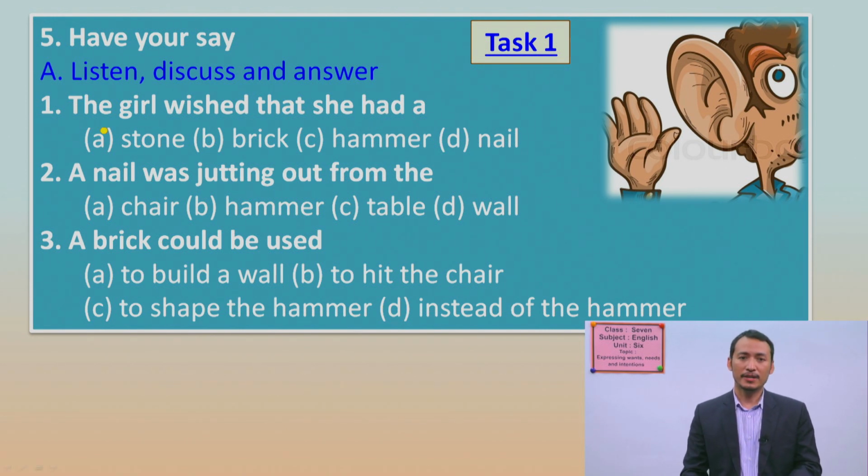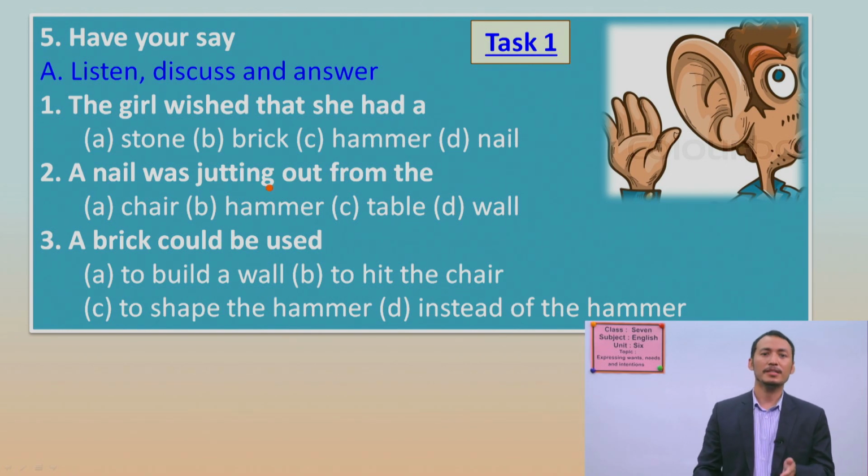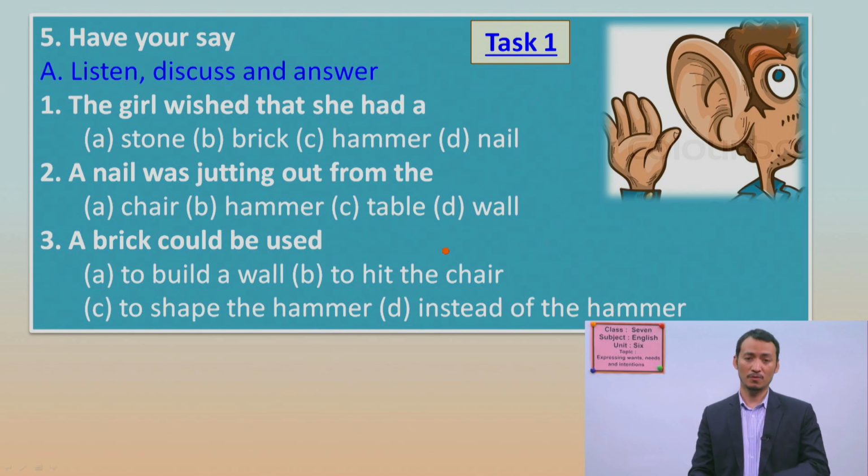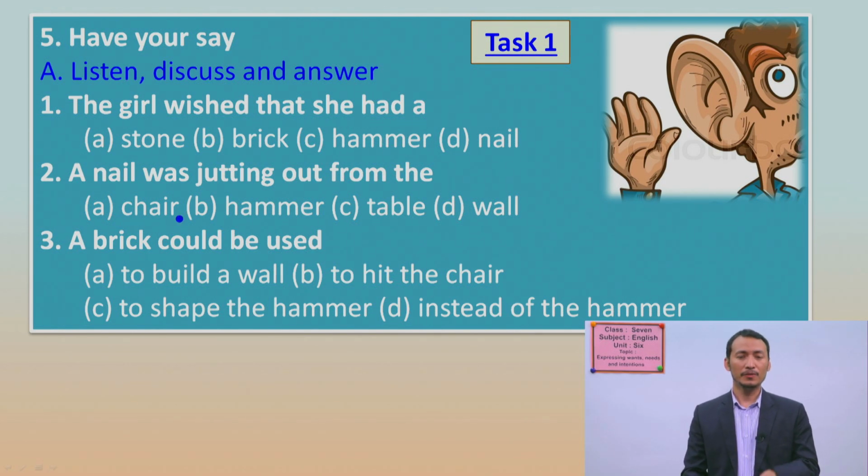Let's look at the first question. The girl wished that she had a stone, brick, hammer, or nail. Okay, so she wished stone, brick, hammer, or nail. Another question is, a nail was jutting out from the chair, hammer, table, or wall. Okay, you have to choose from where a nail was jutting out.